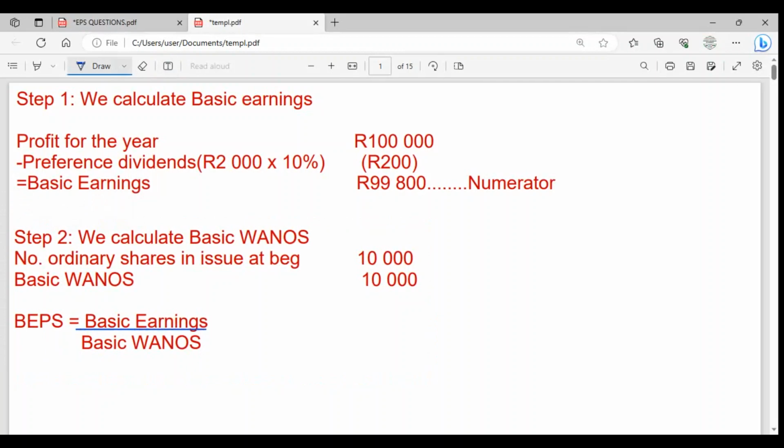So there is a division line here. Basic earnings per share, BEPS, equals basic earnings divided by the basic denominator. So it's simple, step 1 divided by step 2.